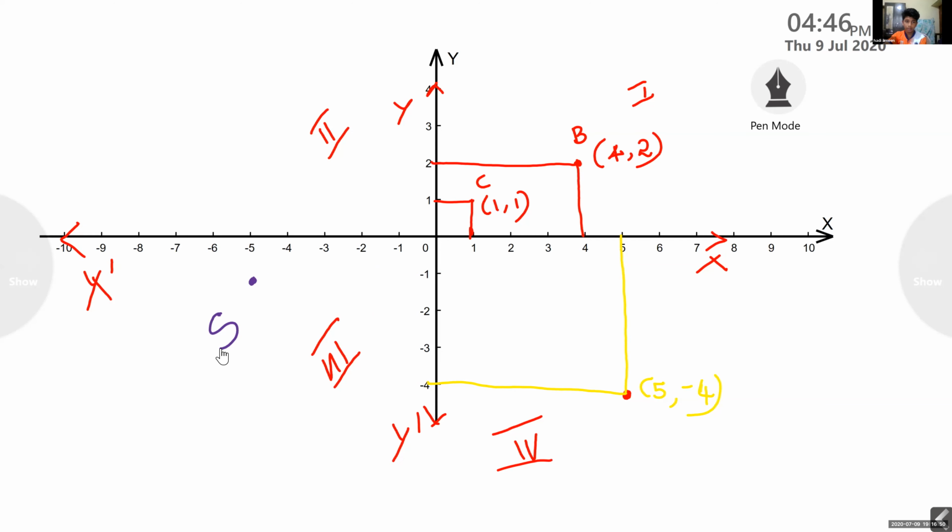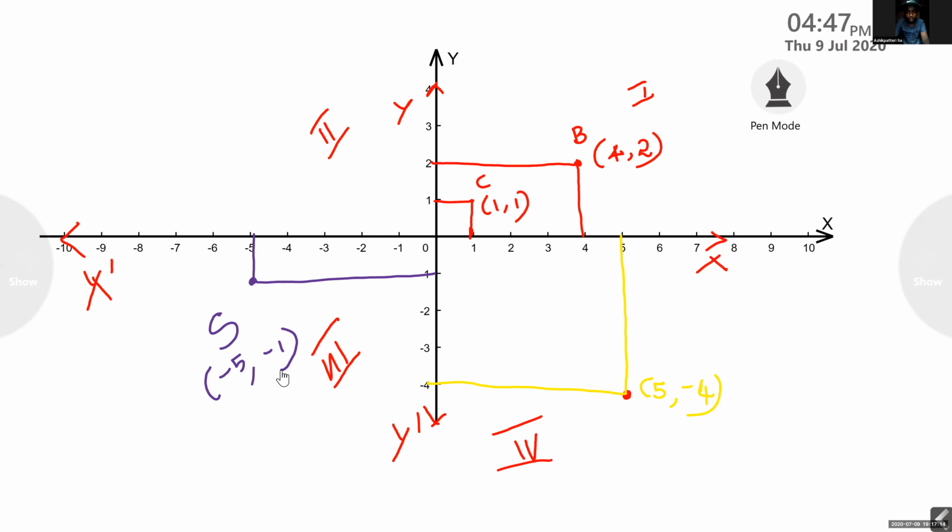That point is our first point. Negative 5. When you draw, it should reach the x-axis, so it is negative 5. And negative 1. So first of all, you should take the x point. You understood that?